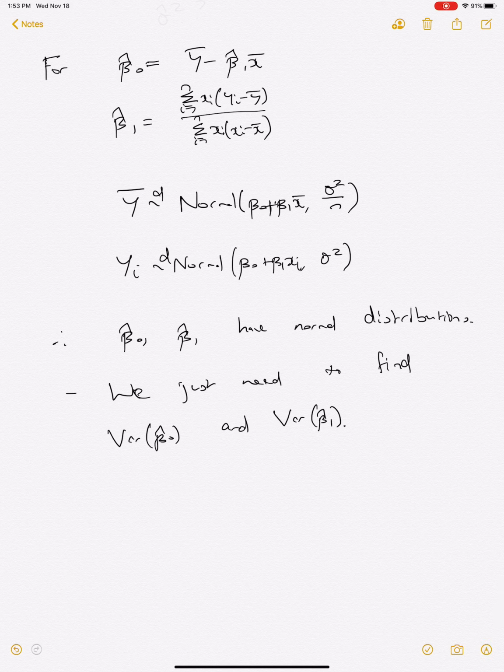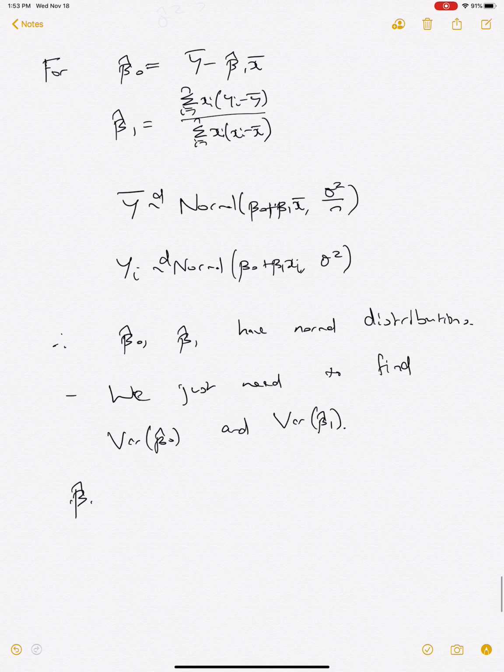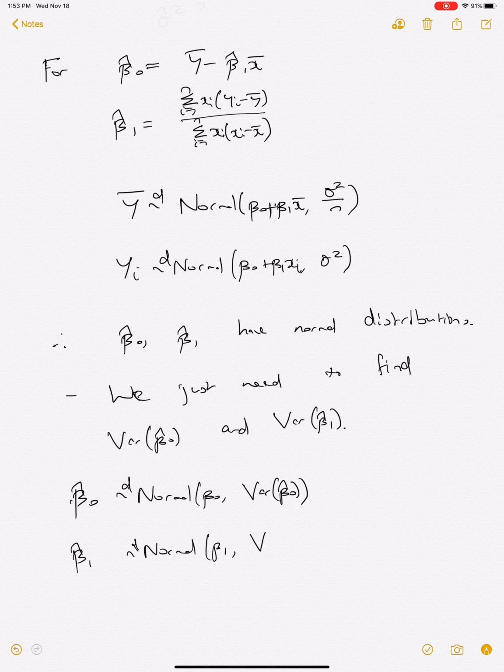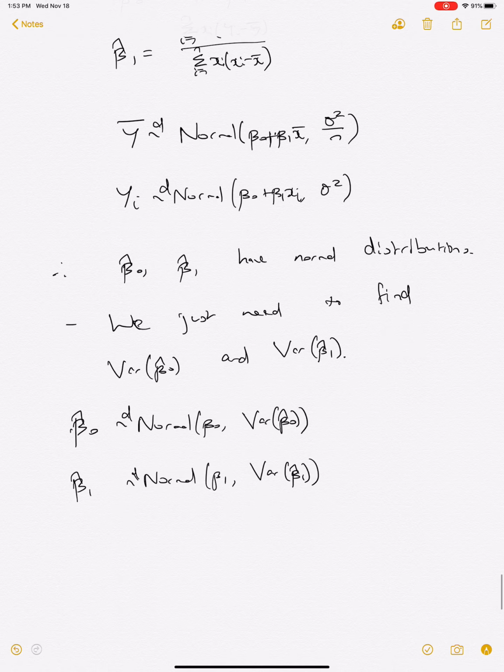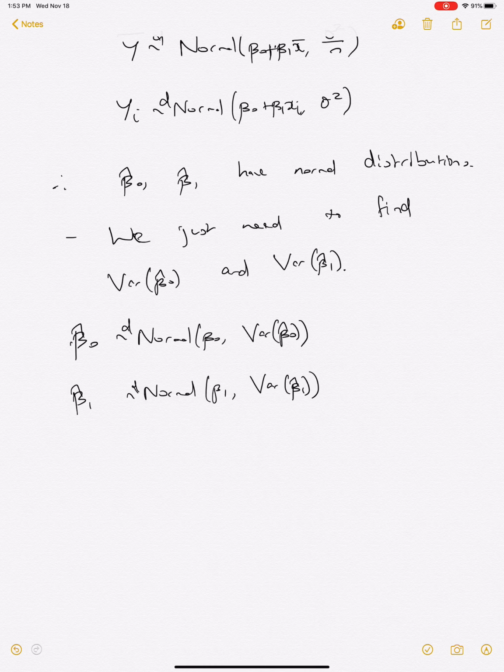So beta hat 0 is normally distributed with a mean of beta 0 and some variance, and beta hat 1 is normally distributed with a mean of beta 1 and then the variance of beta hat 1. We need to just find these, and that's what we'll do in the next lecture.